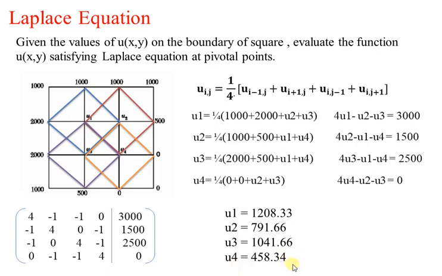In this way you can calculate the intermediate values of u by converting the given equation into a finite difference approximation, and then getting a number of linear simultaneous equations. By solving those equations we get the result.